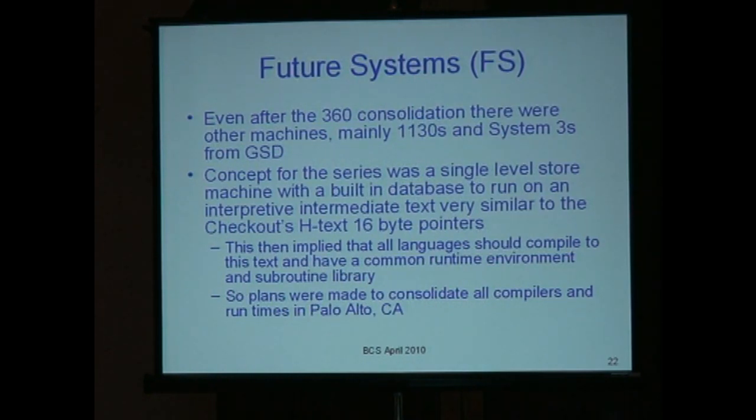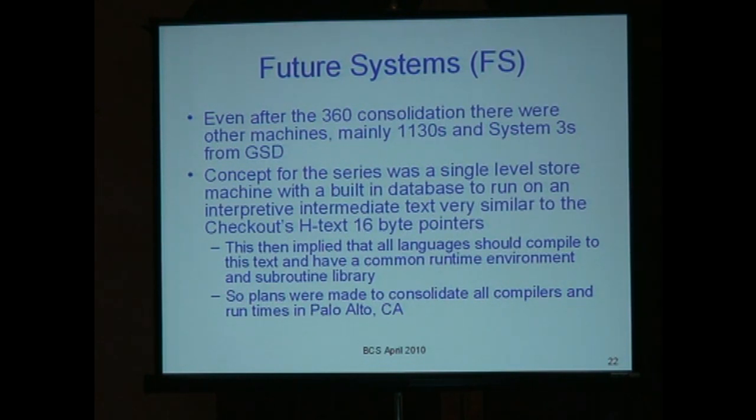So anyway, Future Systems. Having done all this 360 stuff, common architecture, 4 different operating systems and everything else, they said, all right, we better have another consolidation. So we started to design and partially build this thing called Future Systems, FS. Because the consolidation was, you had the high-end stuff, which was 360, but down the bottom you had System 3s and 1130s and God knows what else.